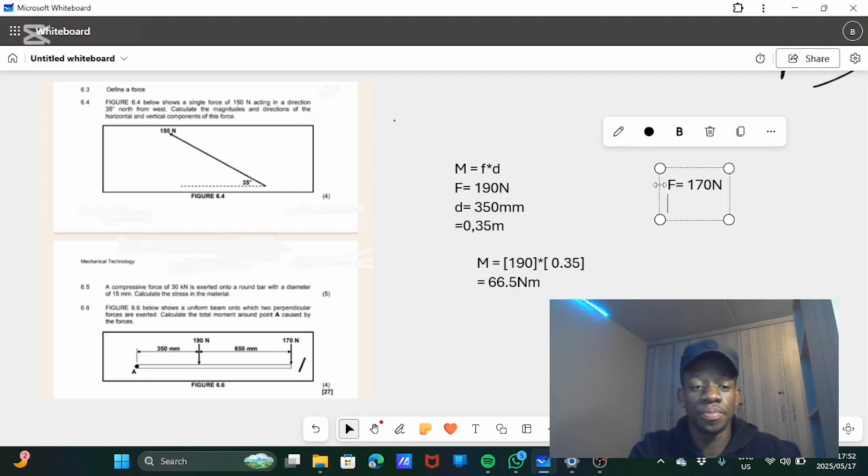Here the distance from here to here is 350, and from here to here is 650. So we are calculating the total around point A caused by the forces. From here to here, what is that? It's 1,000.